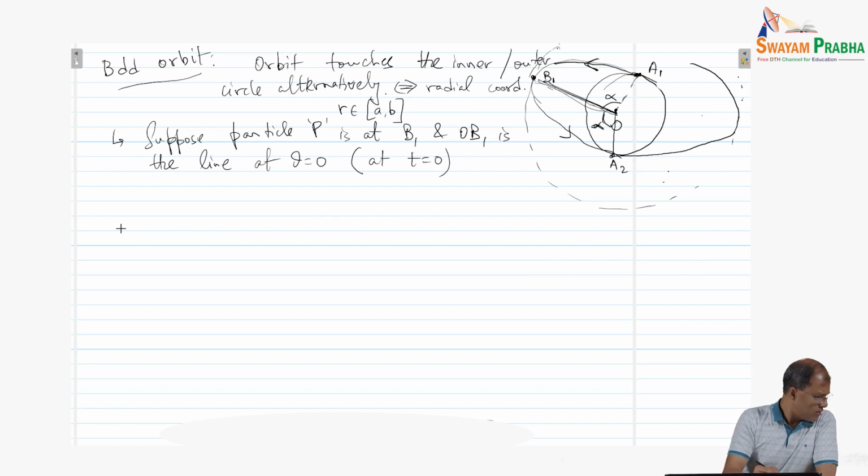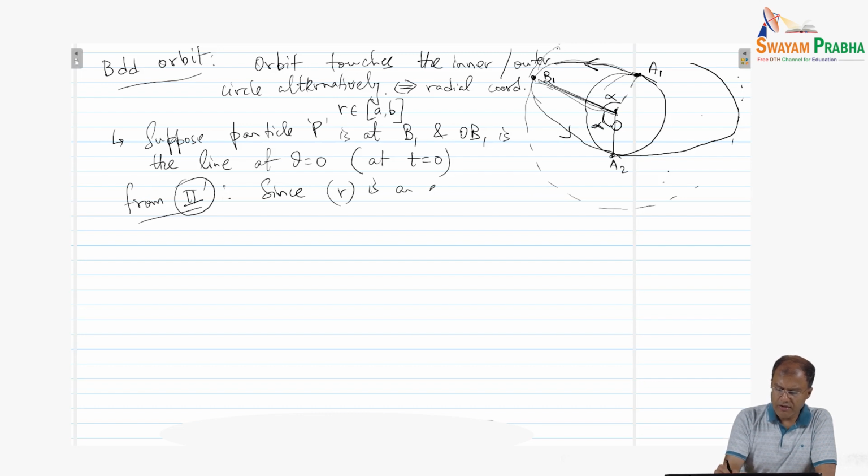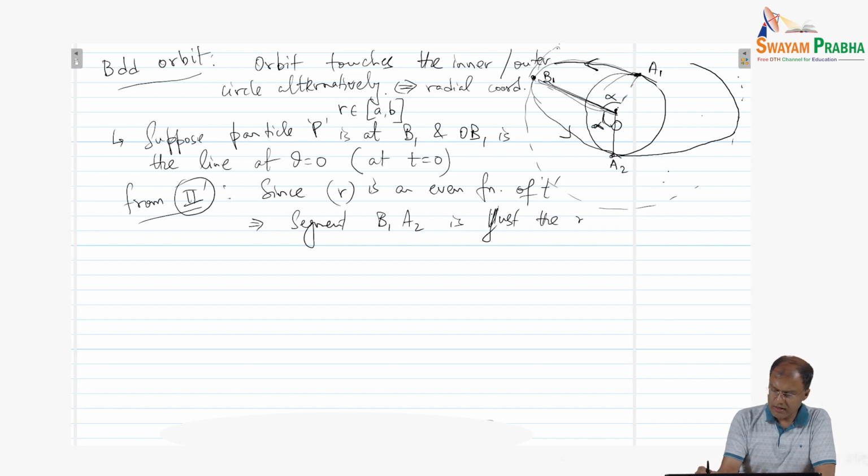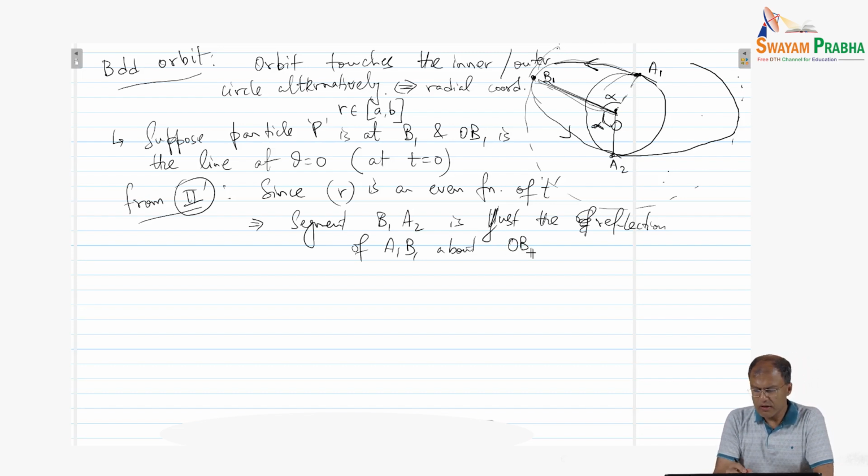Since from 2 prime, r is an even function of t, we have that the segment A1 B1 A2 is just the reflection of A1 B1 about the line OB1, right?